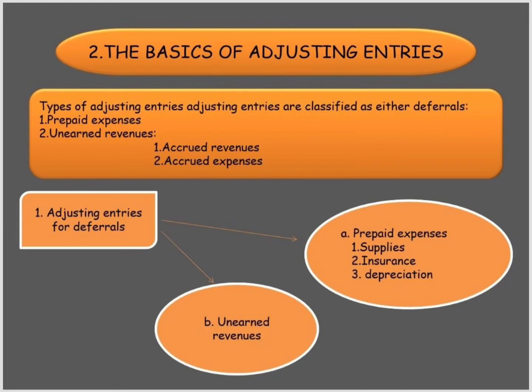Cash received and recorded as liabilities before revenue is earned. Accruals: Number 1. Accrued revenues. Revenues earned but not yet received in cash or recorded. 2. Accrued expenses. Expenses incurred but not yet paid in cash or recorded.